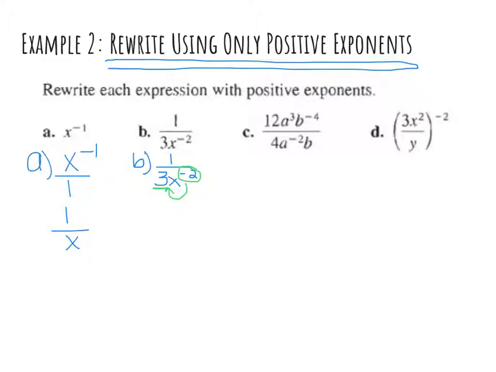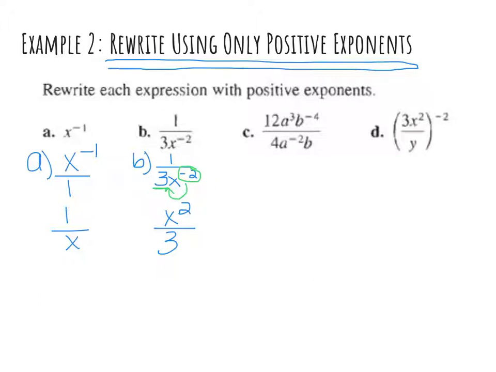In this case, in order to have a positive exponent, we need to move that x term with its exponent and make it positive to the numerator, so x squared. But we're going to keep that 3 in the denominator. So we end up with x squared over 3.